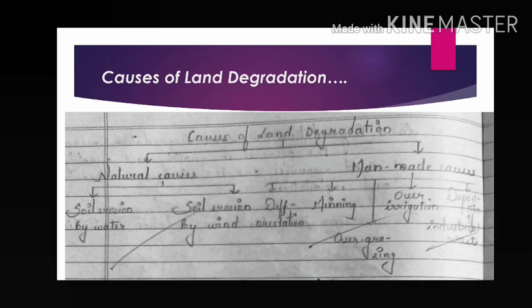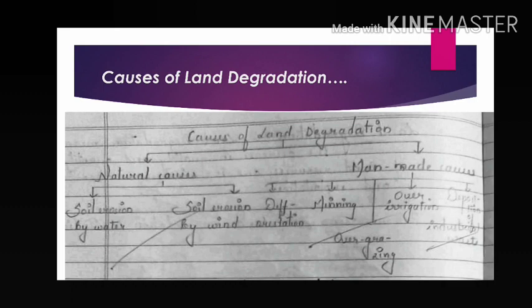So when soil erosion occurs, we are losing soil fertility. That's why the land's quality is decreasing. That is also land degradation. So when land is degraded by soil erosion, that is by nature, it is called a natural cause. Clear? So there are two natural causes. Soil erosion by water means running water passing over the topmost layer of the soil.